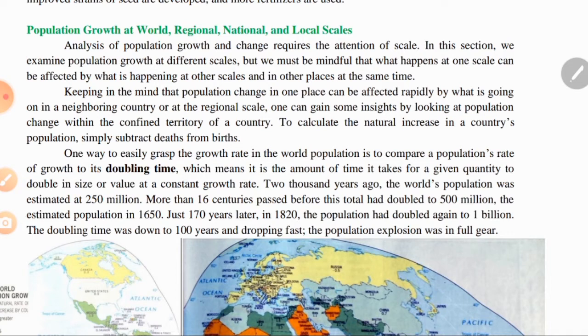Yung immigration, tapos yung emigration. Kumbaga yung immigration, which along with birth, adds to the total number of population. At yung emigration, yung kumbaga outmigration, which along with deaths, subtract from the total population, yung pag-alis.